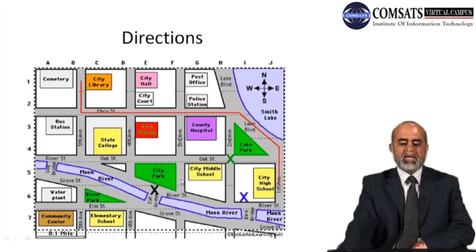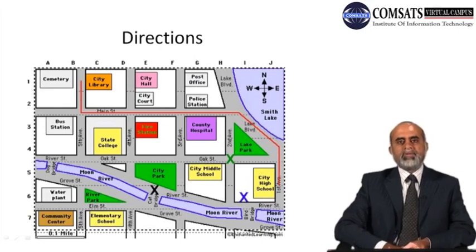Turn left. Go past the first intersection, go past the second intersection, you will find a police station on your right, go past the police station, and you will find the post office at the end of the street on your right. Okay? So this is one way of giving directions.